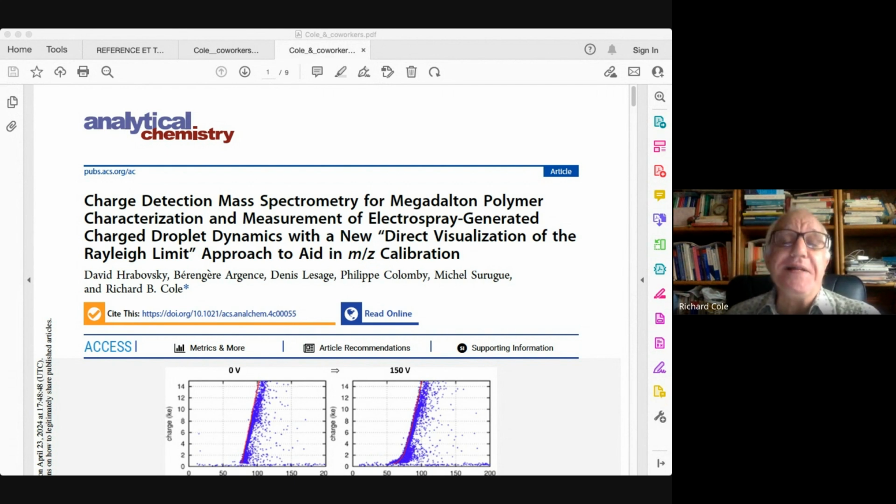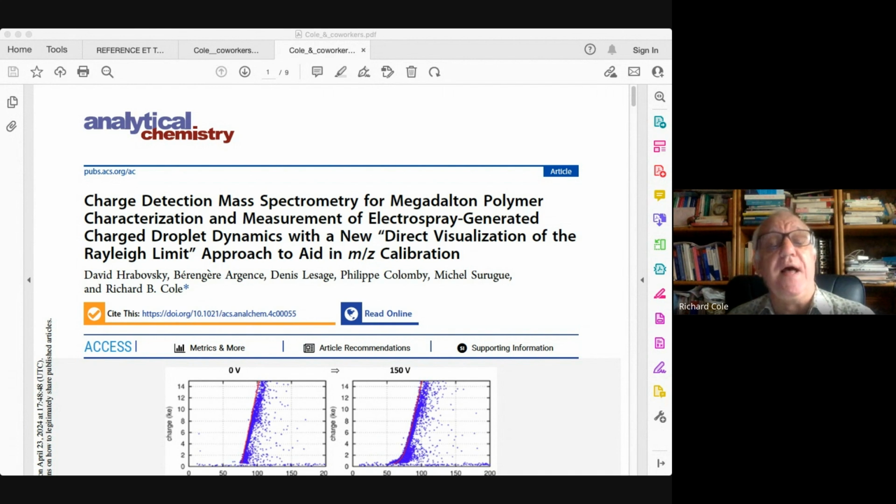But in truth, the paper is really an analytical paper describing our instrument, what we had to do to put it together, and then giving examples of the Megadalton polymer characterization.